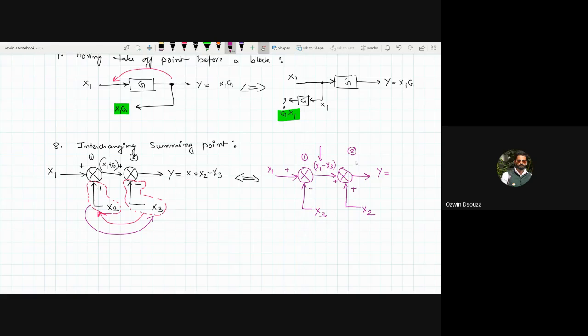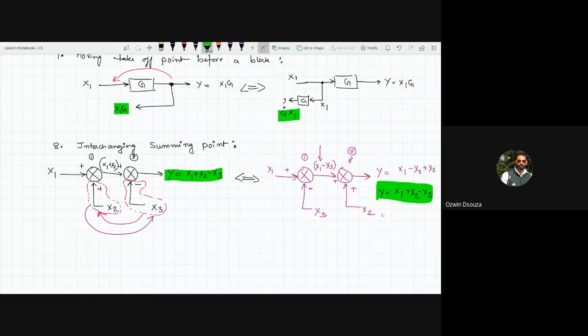So the output of the second summer is x1 minus x3 plus x2, or you can also say that y is equal to x1 plus x2 minus x3. So you can observe that the output is not at all changed.